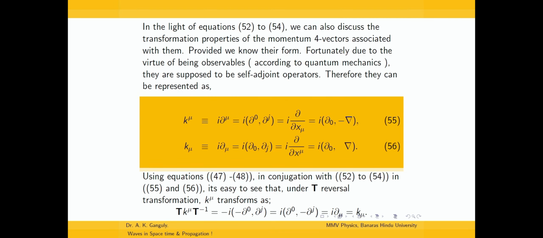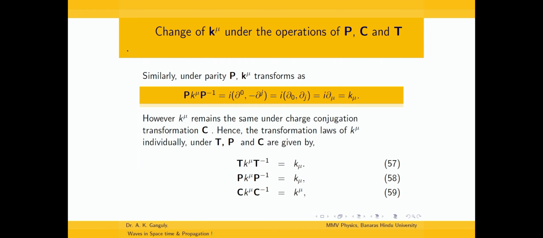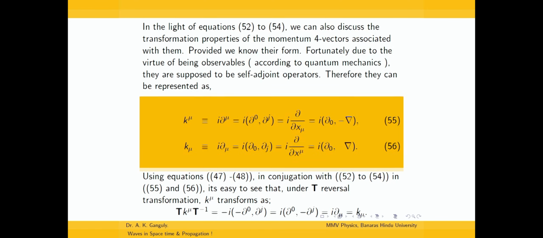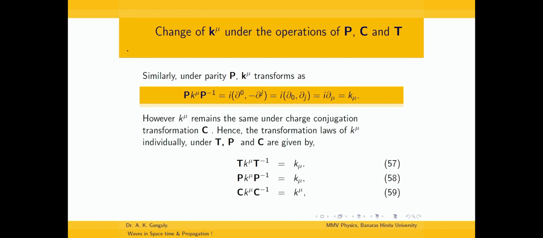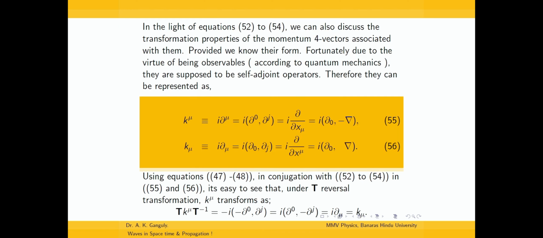If we compare them vis-a-vis their counterpart in the Cartesian coordinate system, what we see is there is a departure in the transformation law of k mu and x mu against temporal transformations.